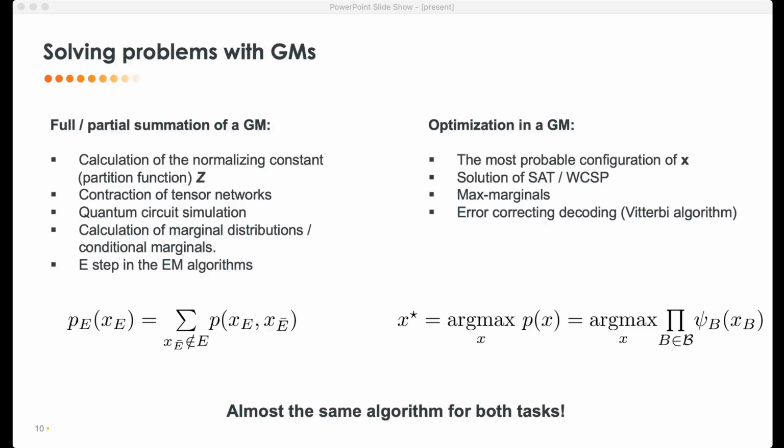Another task is to find the most probable assignment of the graphical model. Some algorithms like Viterbi decoding do exactly that. It is quite interesting though that there is one procedure which generalizes both of these tasks and has all of these applications.